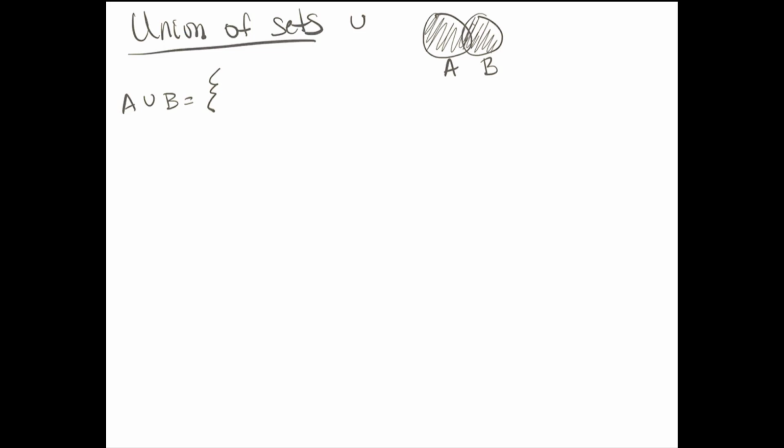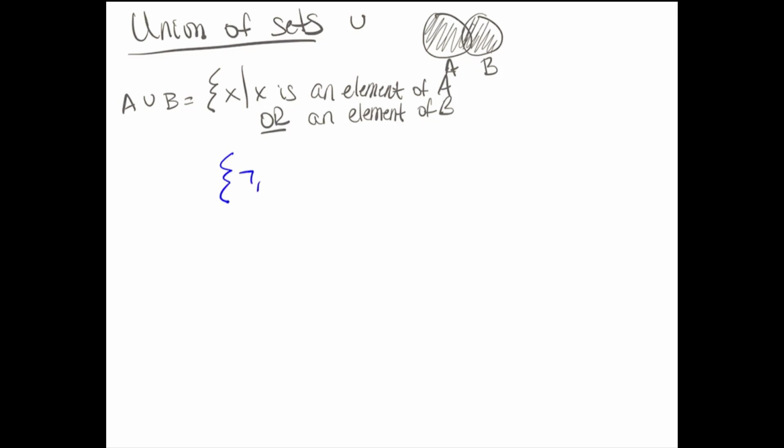Well, we're going to make our little set notation. And just for the fun of it, I'm going to stick with X as my variable. So by definition, X is an element of A or an element of B. So let's say we have, let's just stick with 7, 8, 9, 10, and 11.